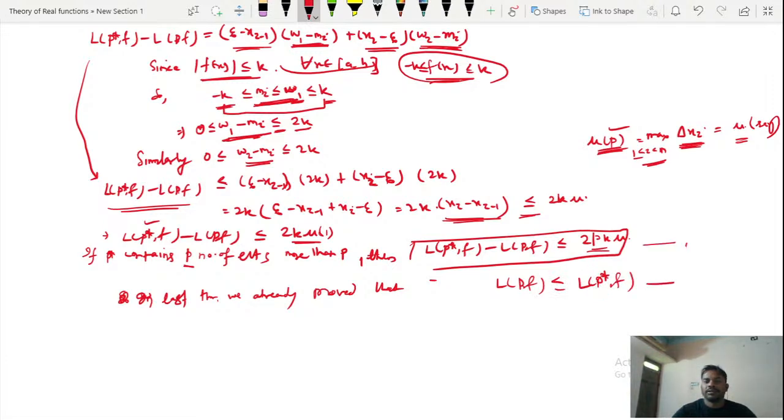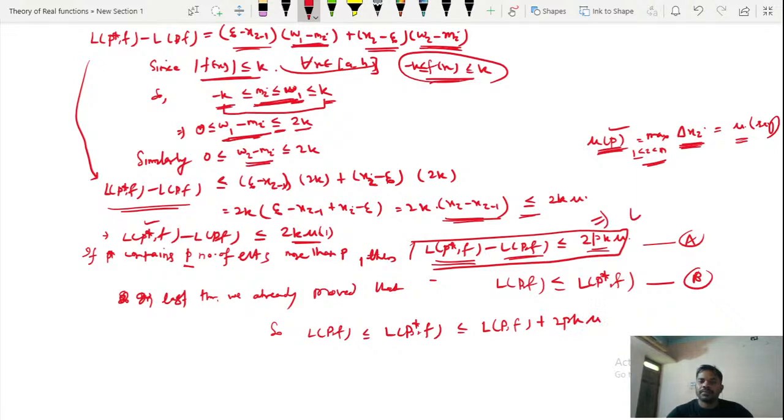Now if we combine these two things, LPF is less than or equal to L P star f, which is less than or equal to LPF plus 2 p k mu. That means L P star f is less than or equal to LPF plus 2 p k mu.